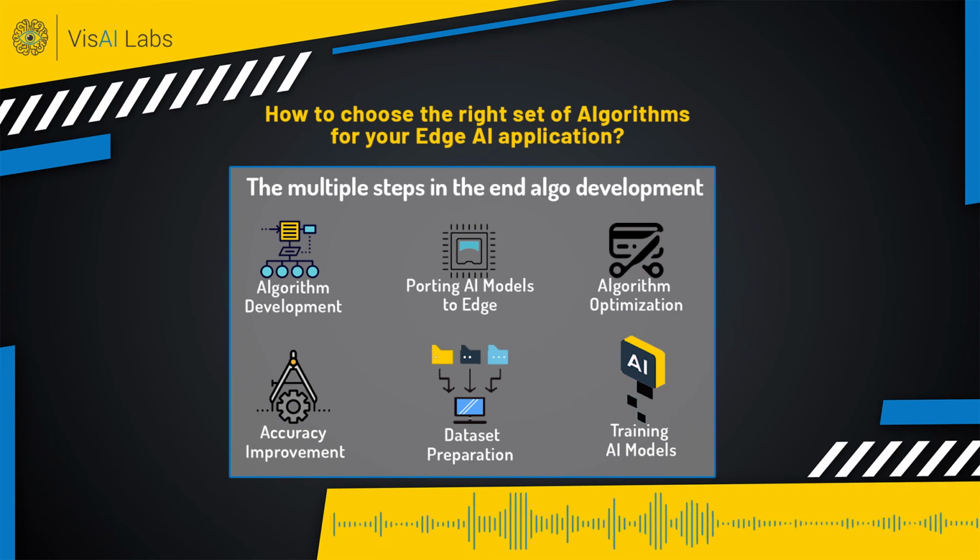Once we do dataset collection and model development, the AI model needs to be trained. For training, we employ the dataset which we would have prepared in step 1, and we do our training either on a multi-core system in-house, or we use cloud systems for training the model.